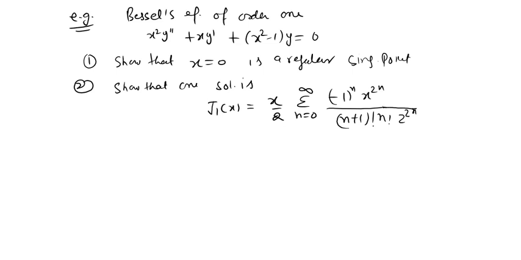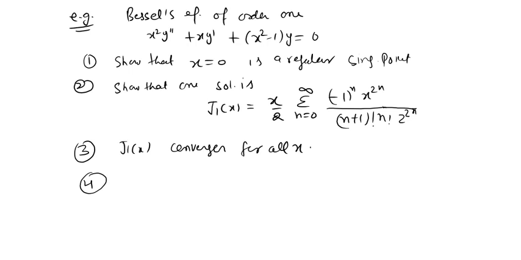Show that one solution is this, and also show that J1 x converges for all x.